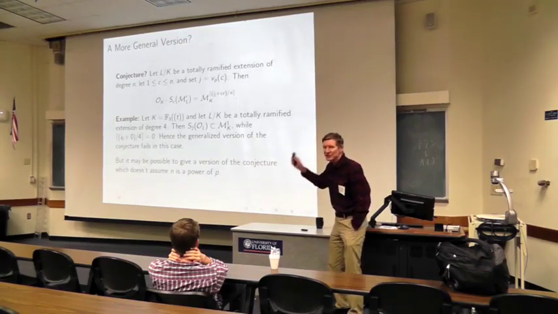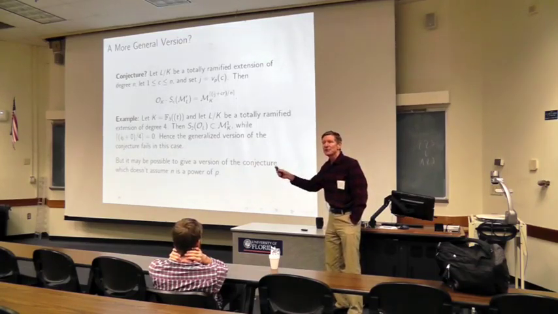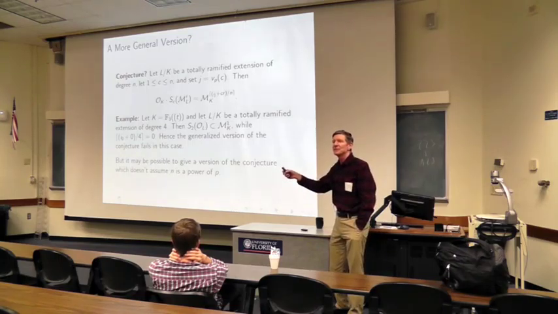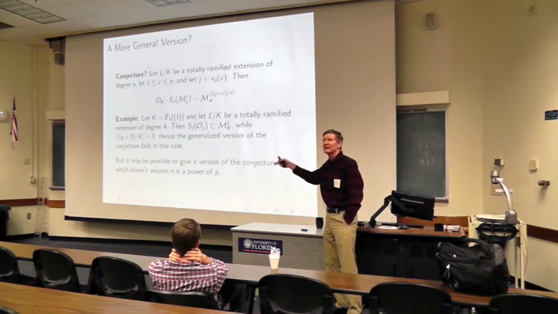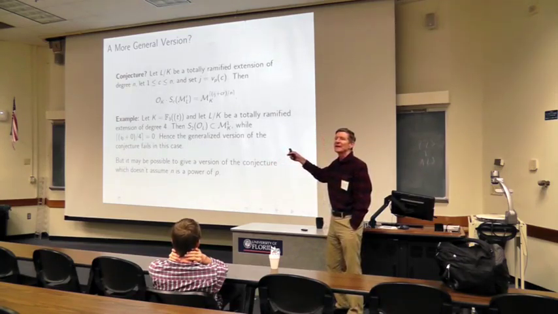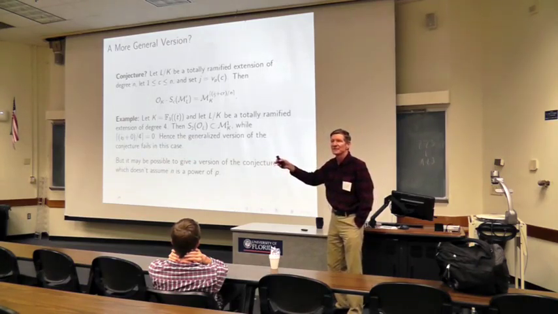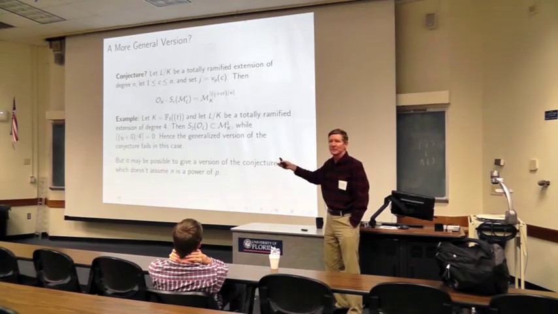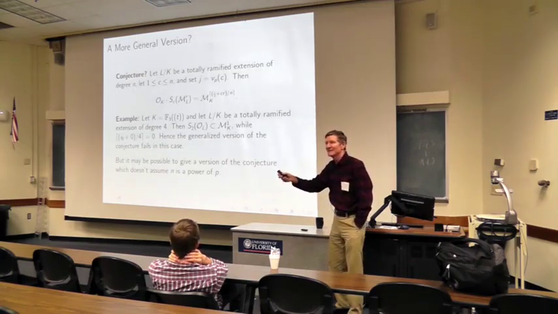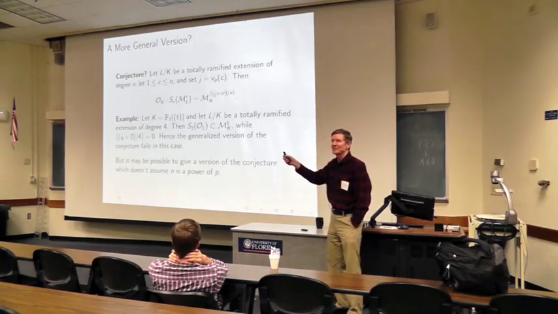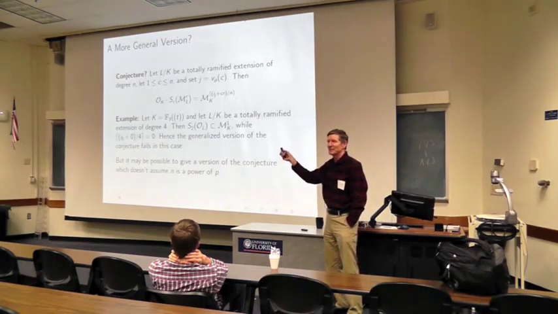So if the conjecture is true, then it might be reasonable to interpret the other indices of inseparability, I1, I2, etc., as refined or higher order versions of the different or discriminant. And so if you had more data that was kind of like the different or discriminant, that felt like it should be interesting.